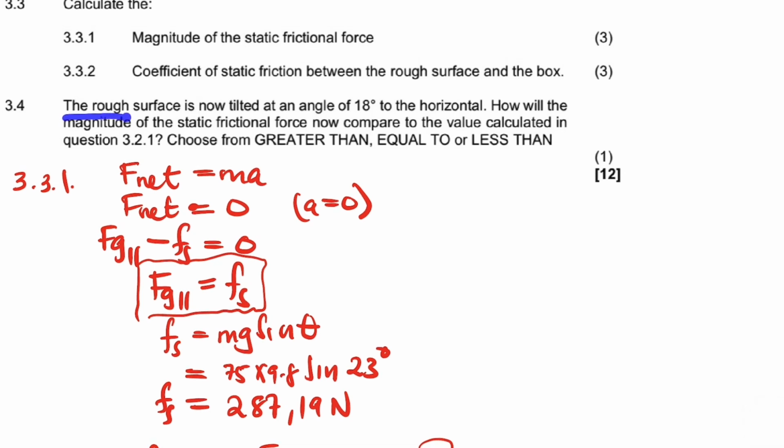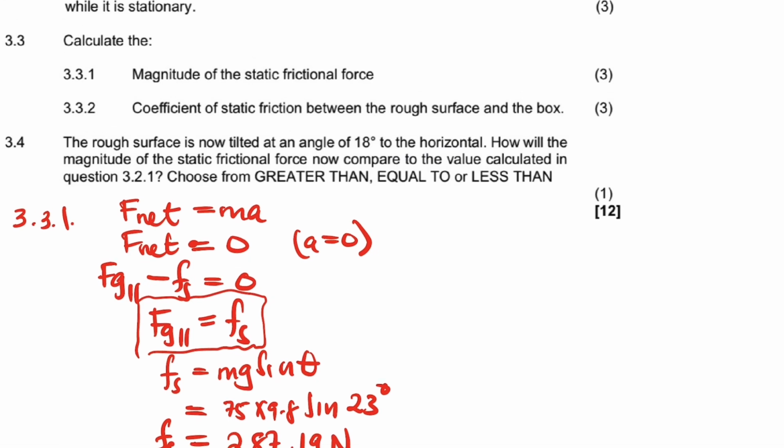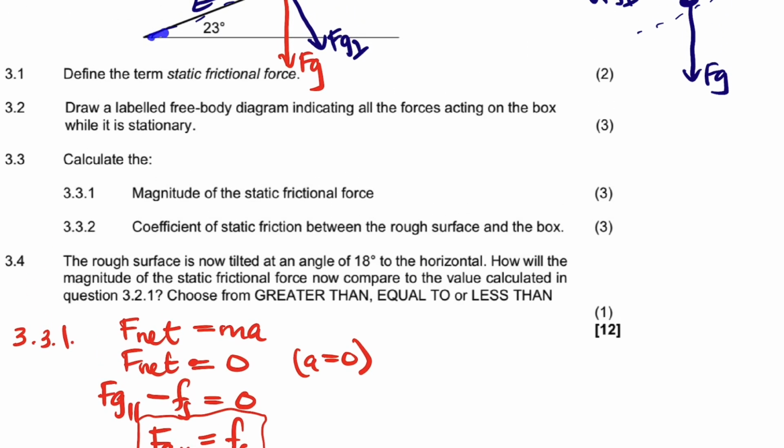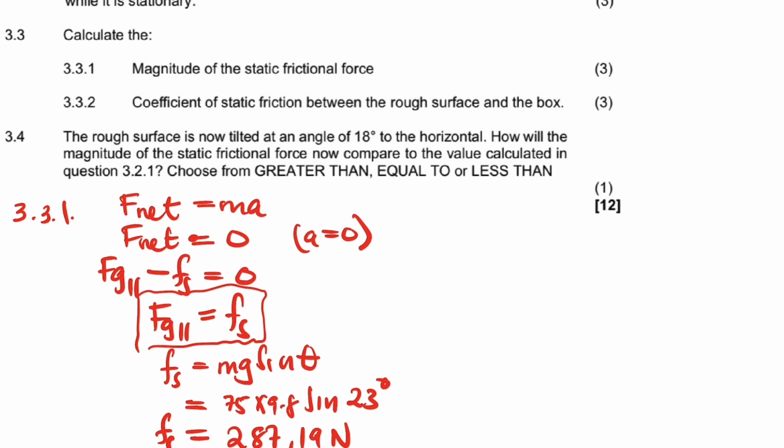Now this question says the rough surface is now tilted at an angle of 18 degrees to the horizontal. So the angle has now been decreased.